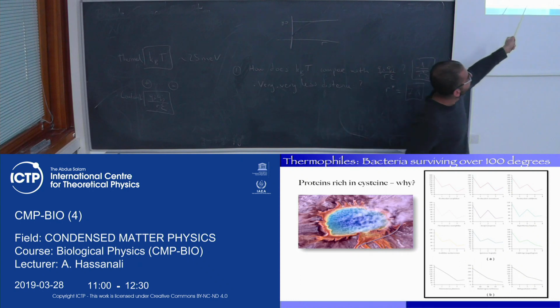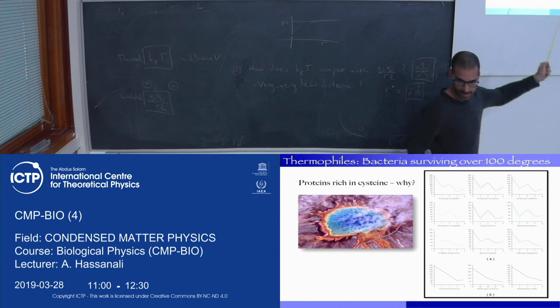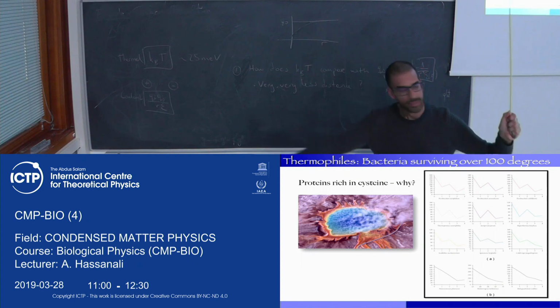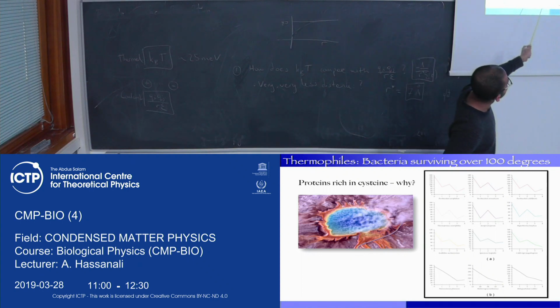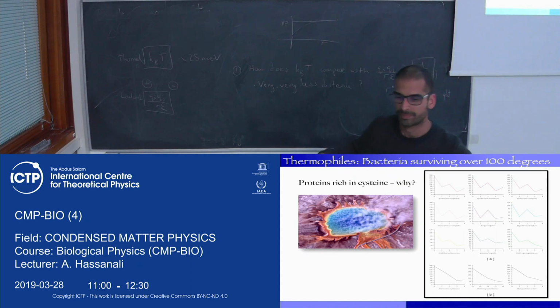Then there are 60 proteins that have 1 cysteine residue. A 100 or 90 proteins that have 2.